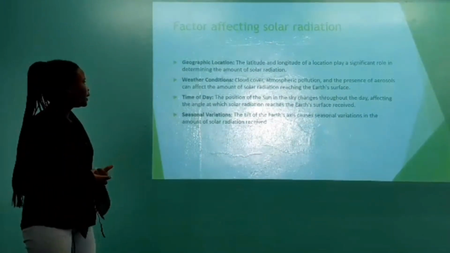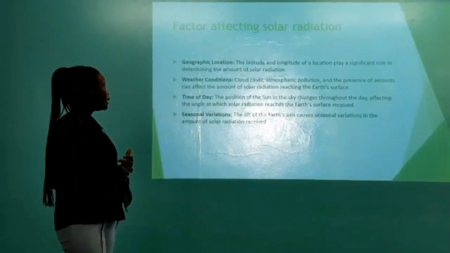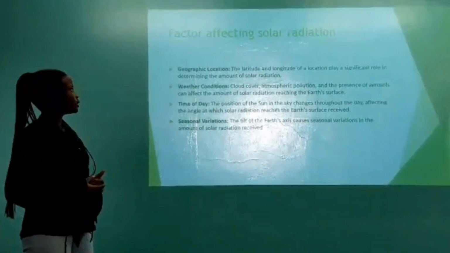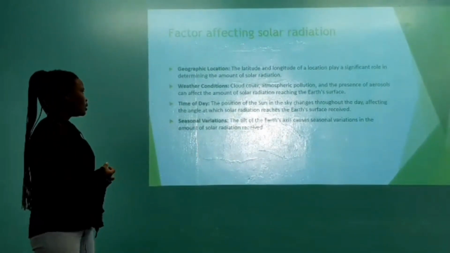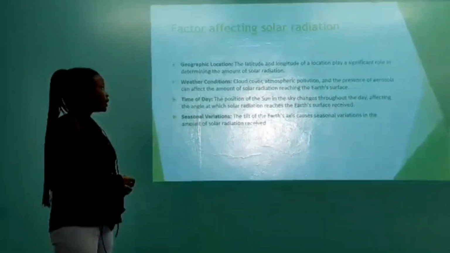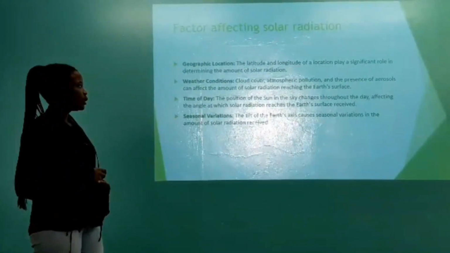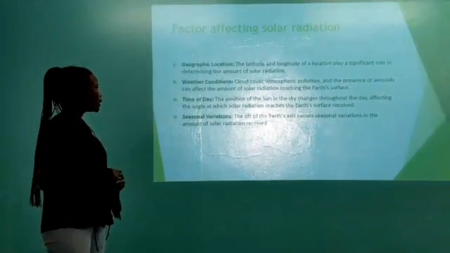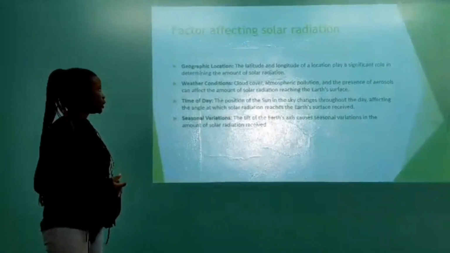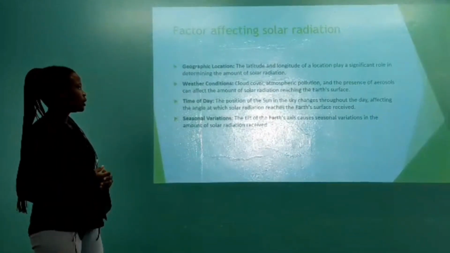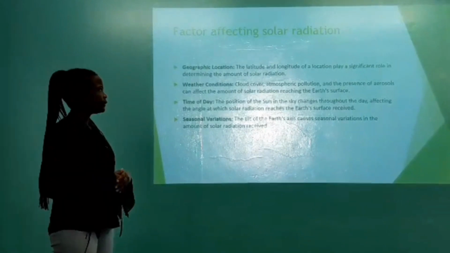The time of day is another factor of solar radiation. The position of the sun in the sky changes throughout the day, affecting the angle at which solar radiation reaches the Earth's surface.